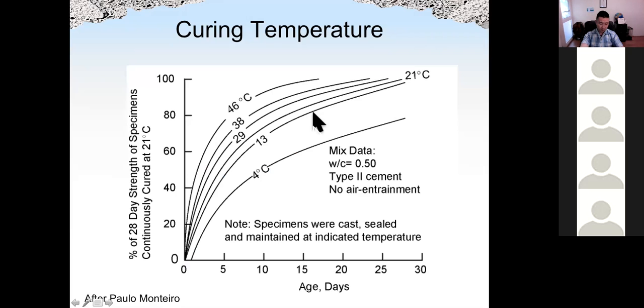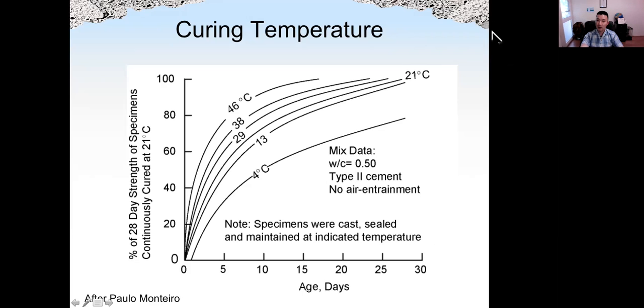Here shows concrete cast, sealed, and maintained at different temperatures. This is only up to 30 days. In the first month, we see higher temperature, higher strength.